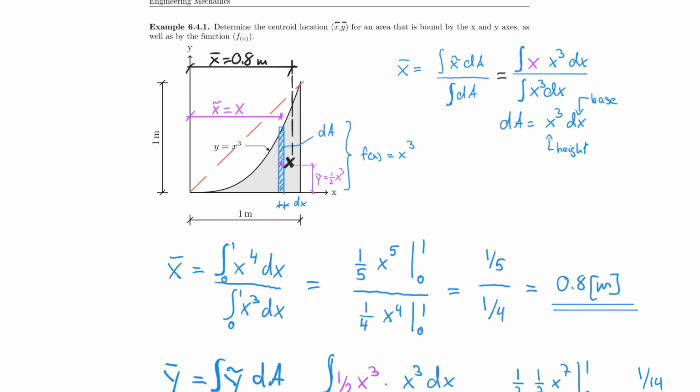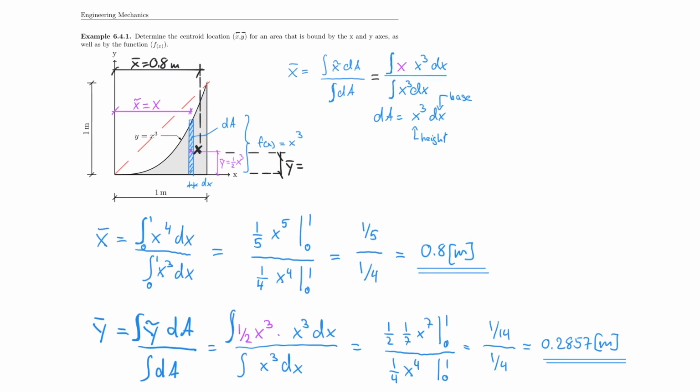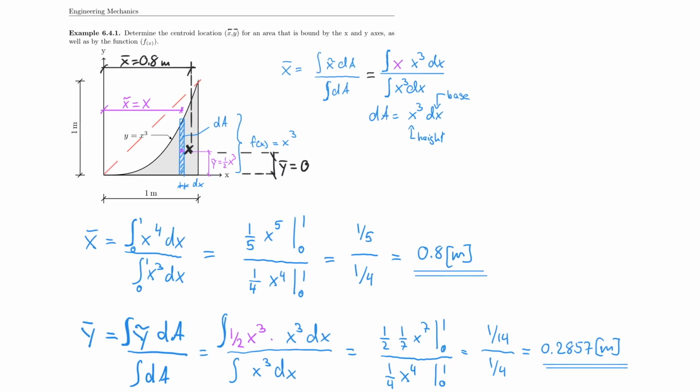And then last but not least, the distance down here would be y bar, which we calculated to be 0.2857 meters. And that is the final answer to the problem.